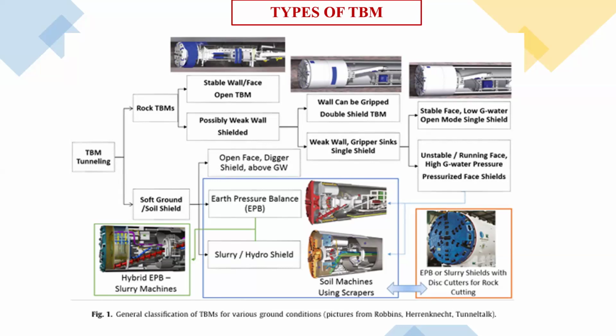When the TBM is moving, it takes the thrust from the segments. Every EPB machine used in metro projects, whenever it moves, takes the thrust from the segments that have been installed. From the segment, it pushes with its jacking ram pads, and then it moves.